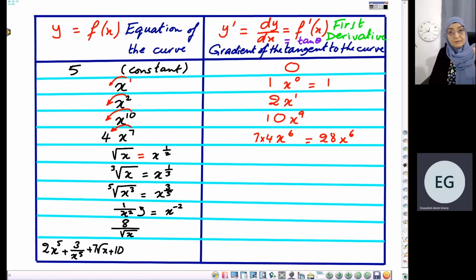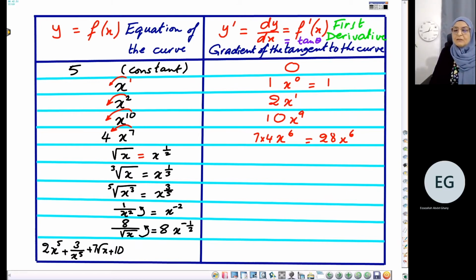This 8 is above the line, so nothing will change. What about the square root? When it goes up, the 8 stays as it is. And the square root of x is x to the power of half. Is it really just x to the power of half? No, it was below and it came above, so x to the power of -half.